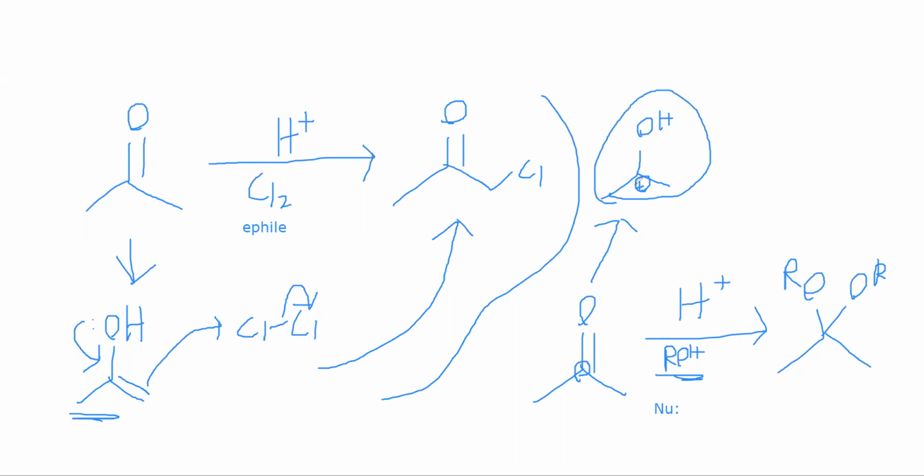And which part is reactive depends on what you're adding to it. Like I just said, enol will react with an electrophile. If you have a nucleophile, it's going to be a carbocation. So it's just good to look at what you're adding to things and determine if it's a nucleophile or an electrophile.